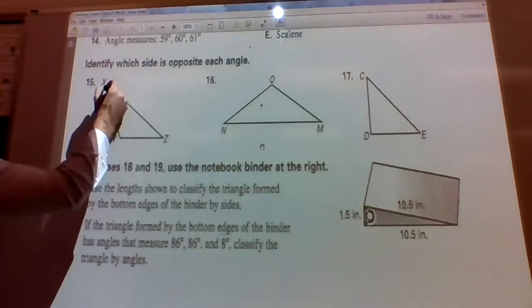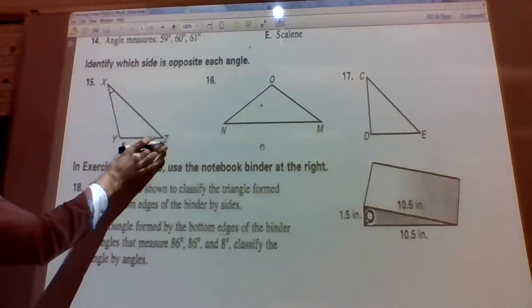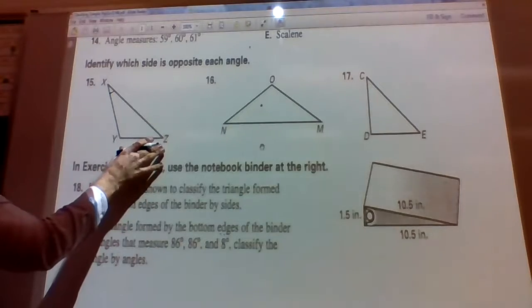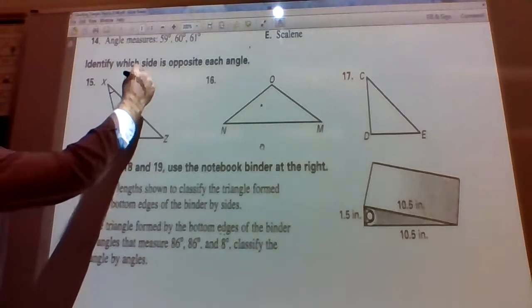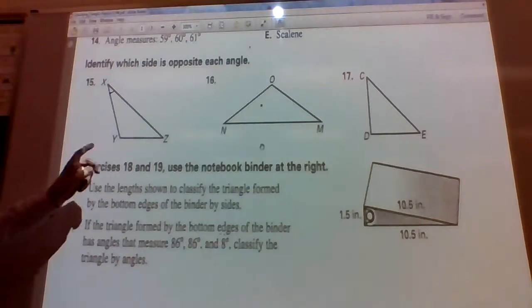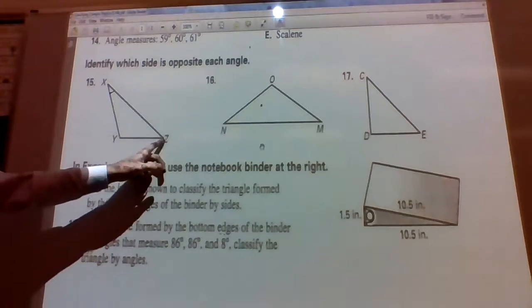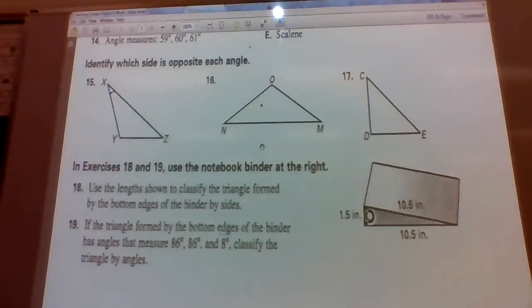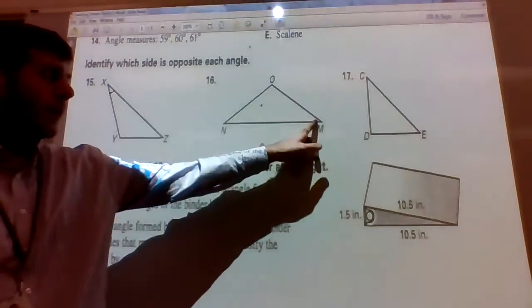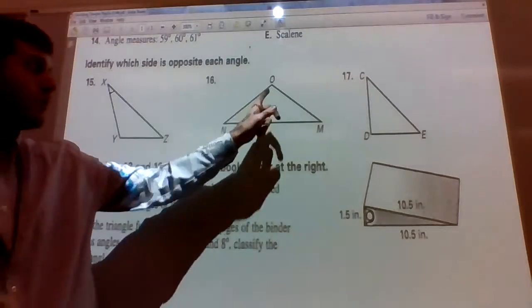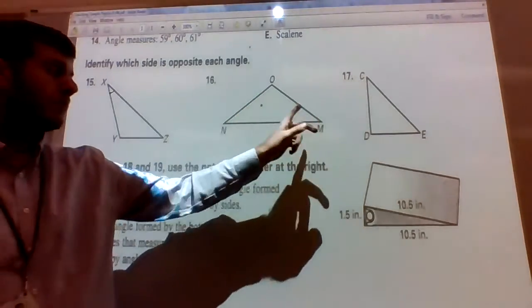So again, angle X, the opposite side is going to be YZ. Okay. Opposite angle Y, we're going to have XZ. And opposite angle Z, we're going to have XY. Okay. Opposite angle N, we have OM. Opposite angle O, we have NM. And opposite angle M, we have ON.